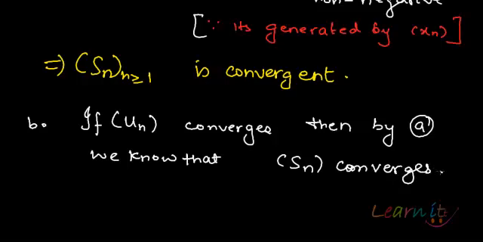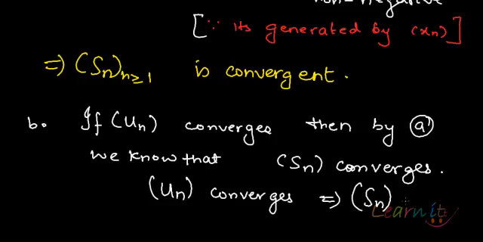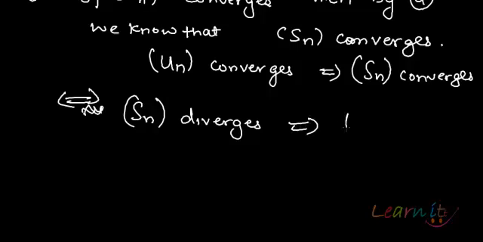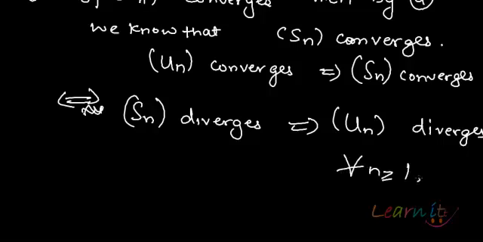So just the contrapositive of this statement: Un converges implies Sn converges. So that means when Sn does not converge, which is equivalent to saying that Sn diverges, it would imply that Un diverges, for all n greater than or equal to 1. Okay, so that means when Sn diverges, Un will diverge.